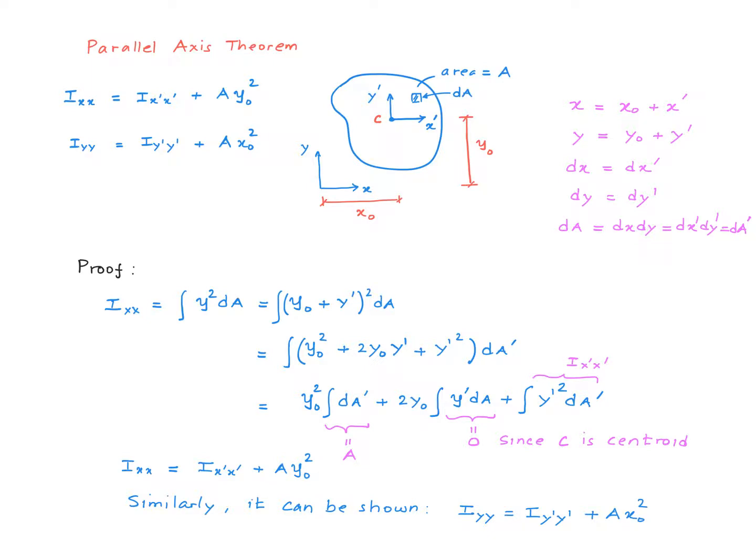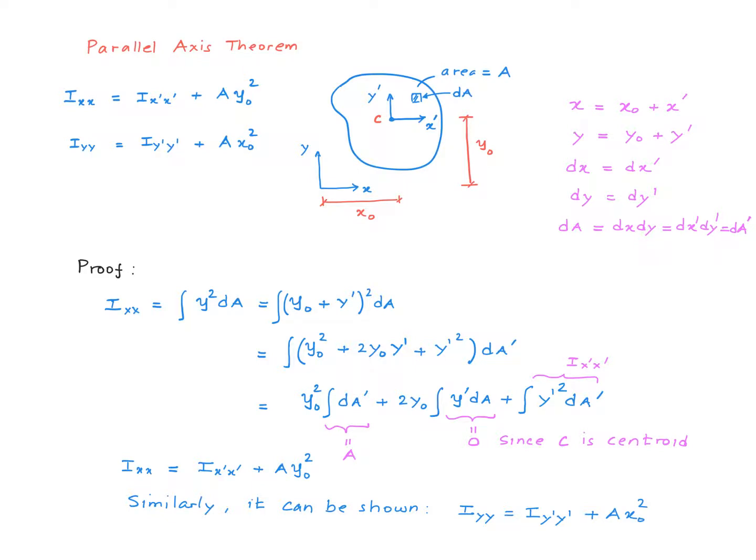So x equals x naught plus x prime. Similarly, y equals y naught plus y prime. Now if you differentiate the first equation, you get dx equals dx prime, because x naught is a constant. Differential of that is 0. And similarly, dy equals dy prime. And therefore we see that dA, which is dx times dy, equals dx prime times dy prime, which is dA prime.